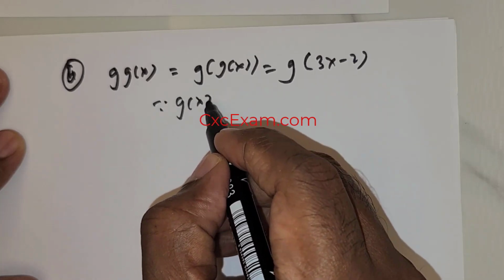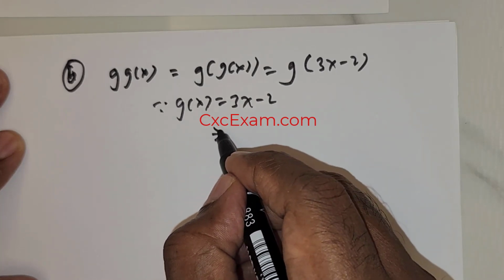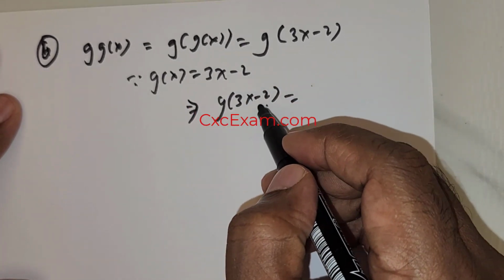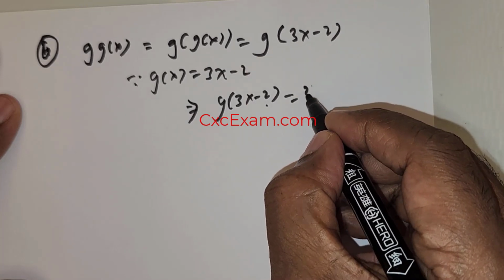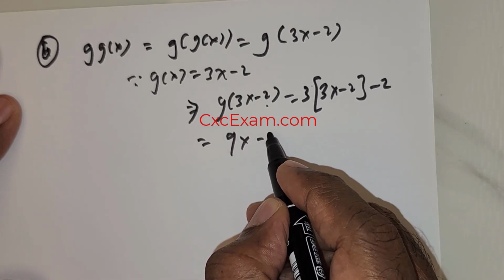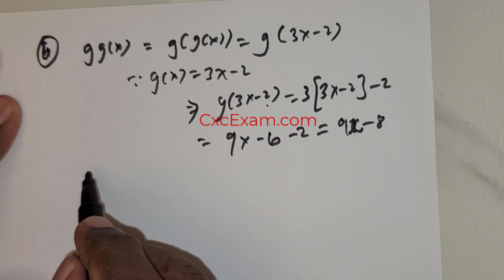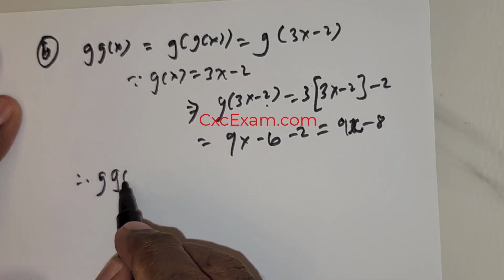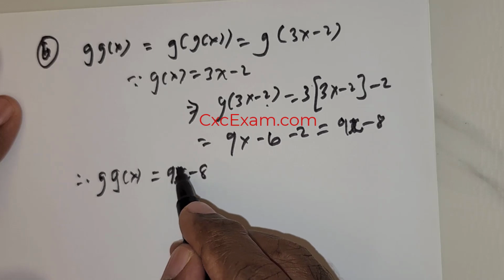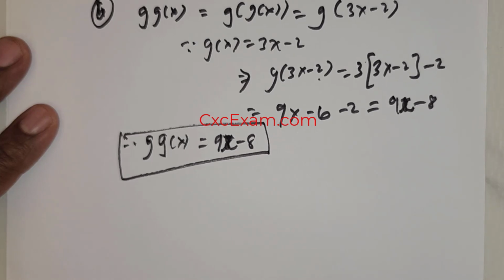Since g of x is equal to 3x negative 2, this would mean g of 3x negative 2 is equal to, substitute 3x negative 2 in place of x, so 3 of 3x negative 2 negative 2, this is 9x negative 6 negative 2, which means 9x negative 8. Therefore g of g of x is equal to 9x negative 8. So that's the solution, and we move on to the next one.